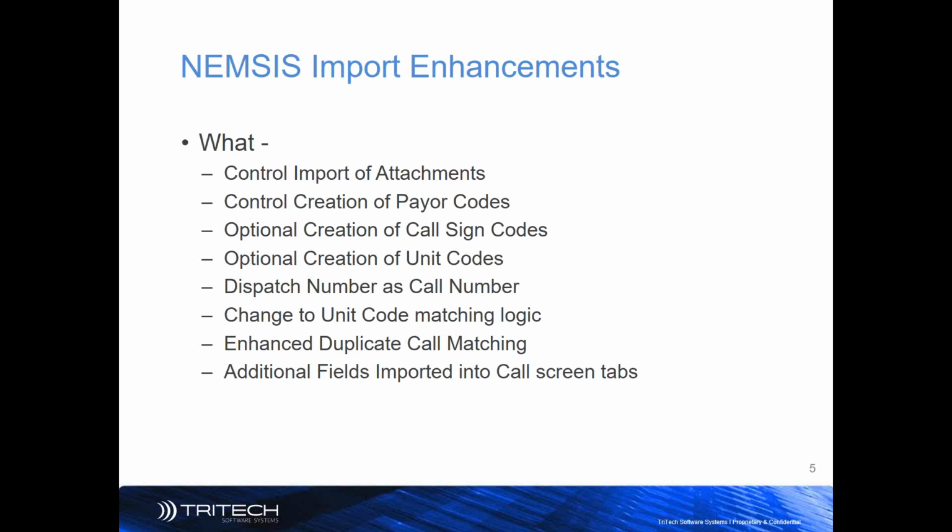The problem that we would encounter is that we have to match to a payer code in order for that to happen. So in the Nemesis Import, we allowed the Nemesis Import to create payer codes if it couldn't find a match, so that the patient payer could get populated with that new payer code and the policy number. Now in 514, you'll have control of the creation of those payer codes.